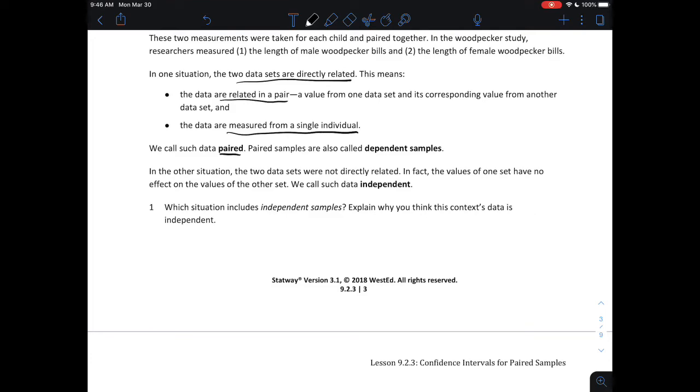Paired samples are also called dependent samples. In the other situation, the two data sets were not directly related. In fact, the values of one set have no effect on the values of the other set. We call such data independent. So independent data are two sets that were not directly related.